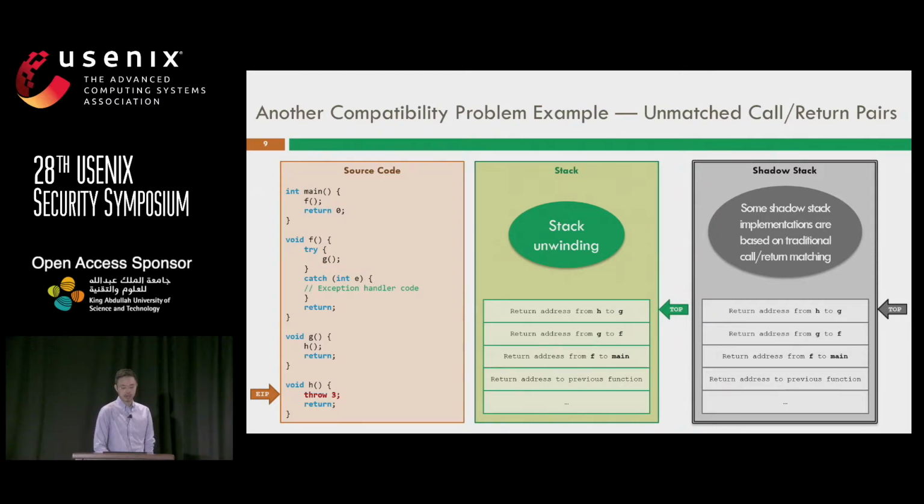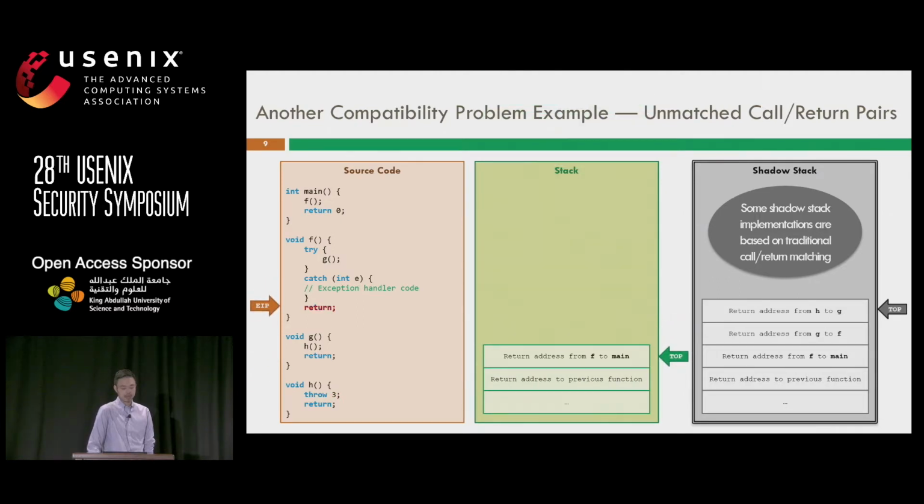So suddenly, a whole bunch of frames go away without any return executed. And the shadow stack implementation somehow has to know that this has happened. Otherwise, these call frames are not going to match up. But it turns out to be very hard to implement a shadow stack that works in this way, because there are so many different ways that a whole bunch of frames can get popped at once.